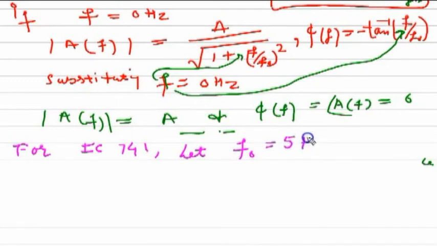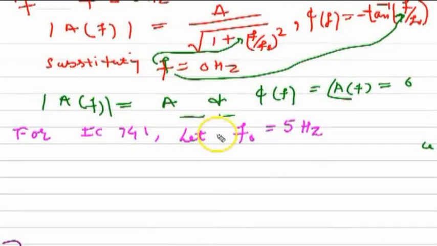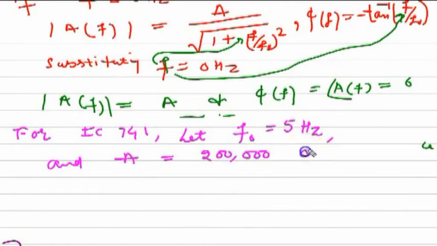For this integrated circuit 741, f naught is 5 Hz, and the open loop gain is very, very high, like 2 with 5 zeros. For an operational amplifier, open loop gain is very high.